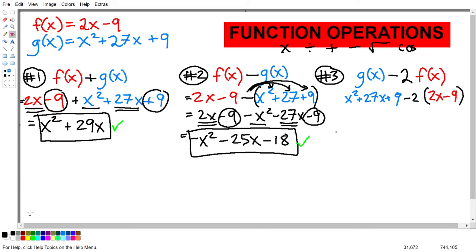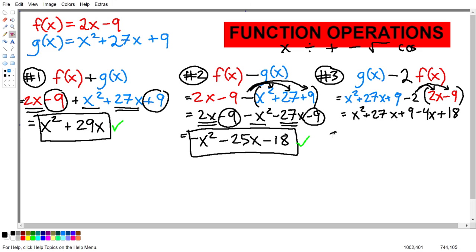Okay, so that's going to give me x squared plus 27x plus 9 if I distribute the negative 2, right? Not only distributing the 2, I have to also distribute the negative 2, so the negative sign. I will get negative 2 times 2x is negative 4x, and negative 2 times negative 9 is positive 18. A negative times a negative is a positive.